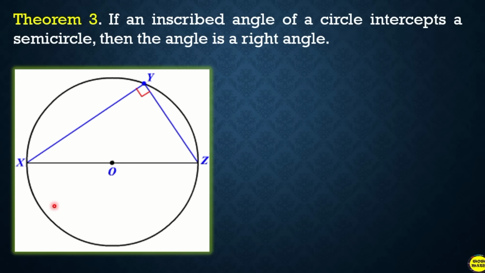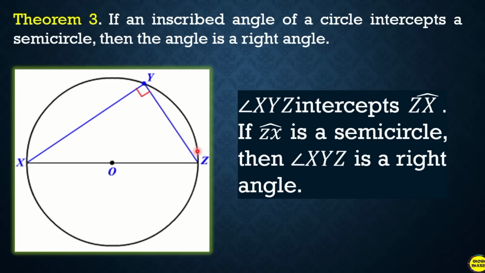Our inscribed angle XYZ intercepts the diameter XZ. Therefore, our angle XYZ is a right angle. Okay? We can see that angle XYZ intercepts arc XZ. If arc ZX is a semicircle, then angle XYZ is a right angle.